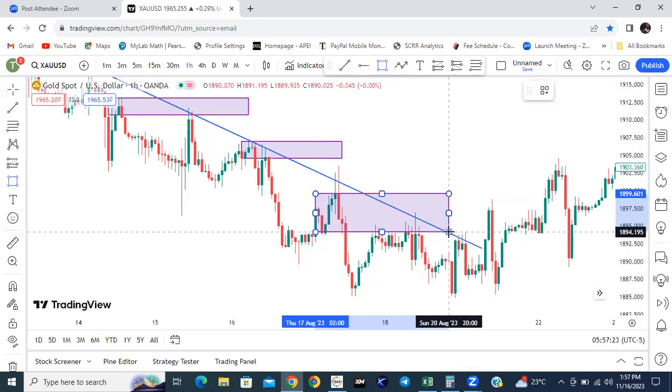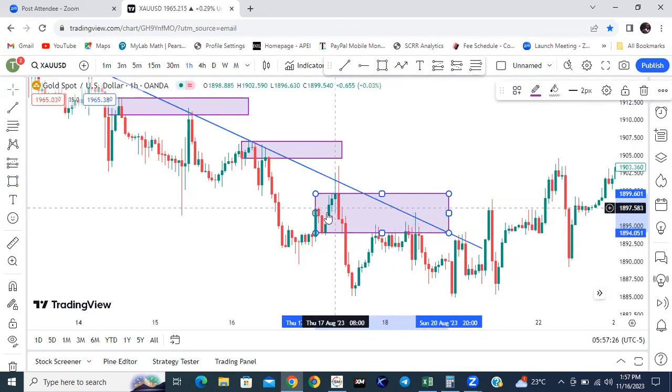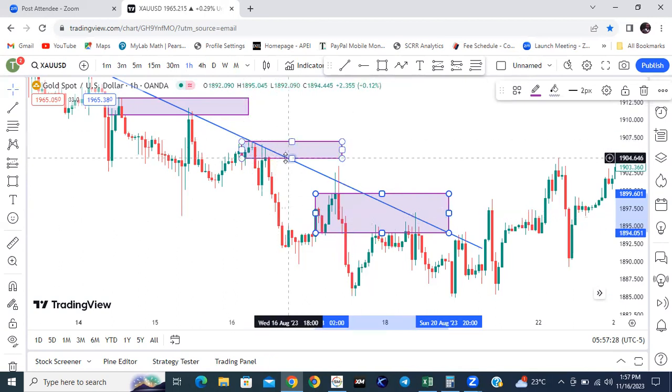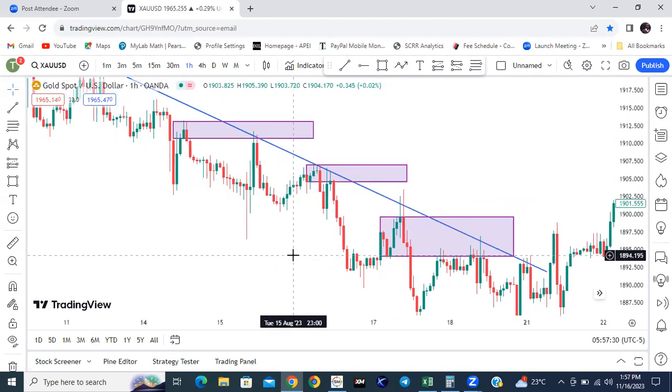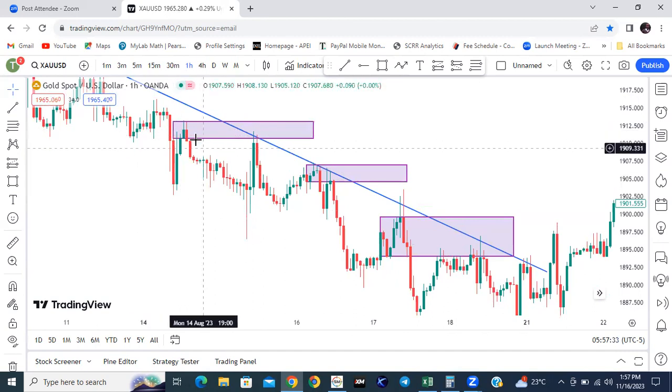They create supply areas, but they are not as effective as when we have this type of pattern, the engulfing pattern.